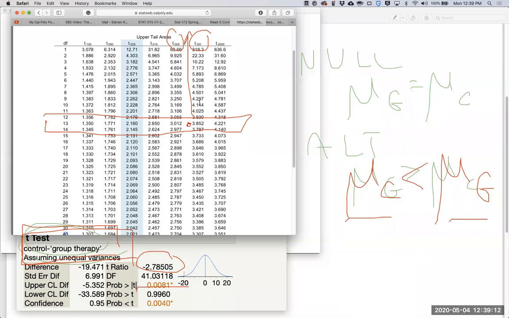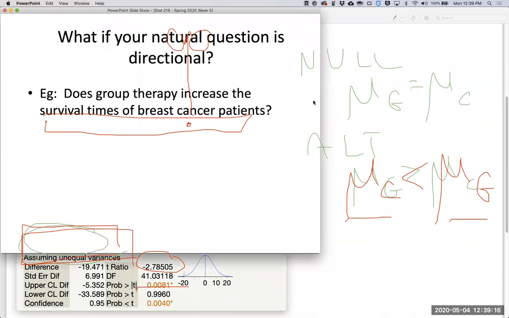0.001 and 0.005 are the limits on my upper tail area. Now, for our situation, the survival times being larger in the group therapy group, more extreme, corresponds to only values that are, if you will, way down there and even further.